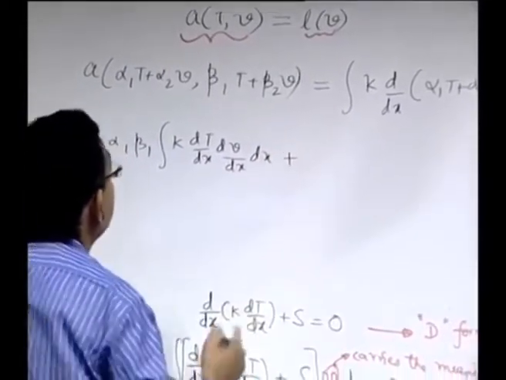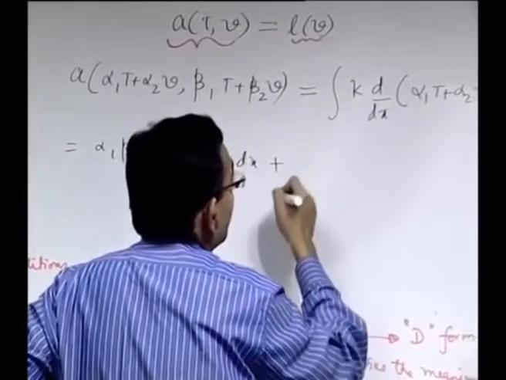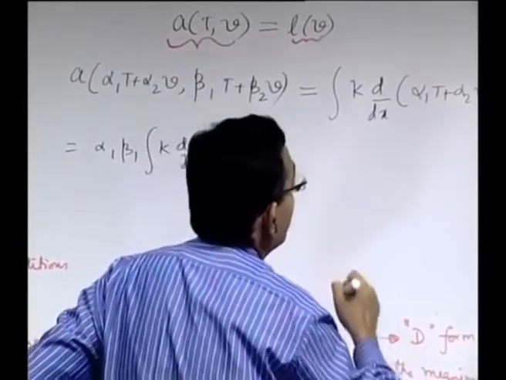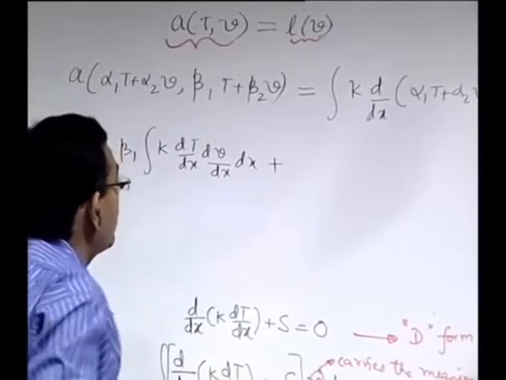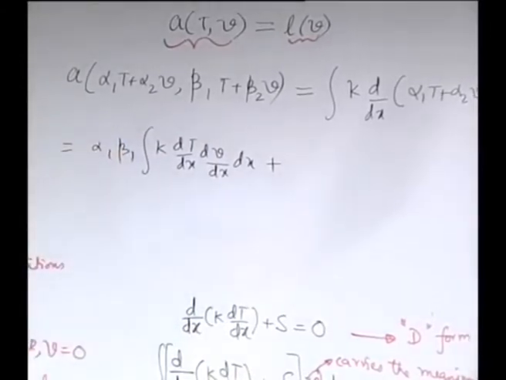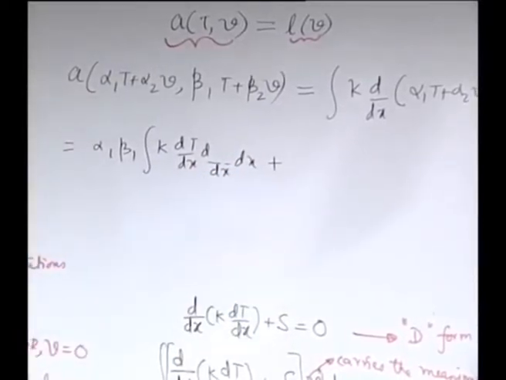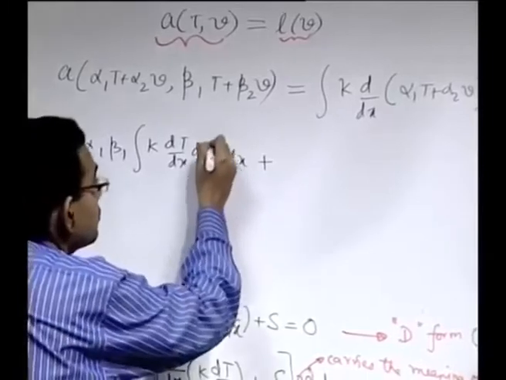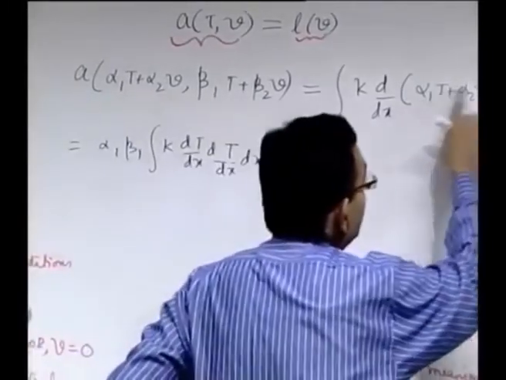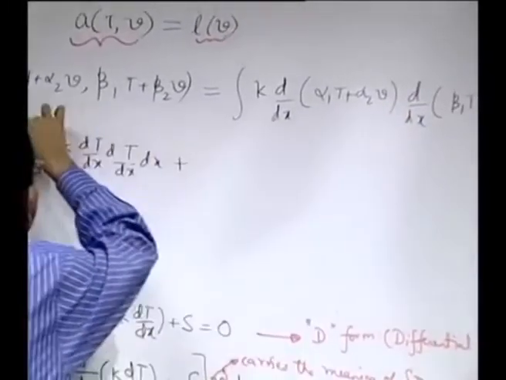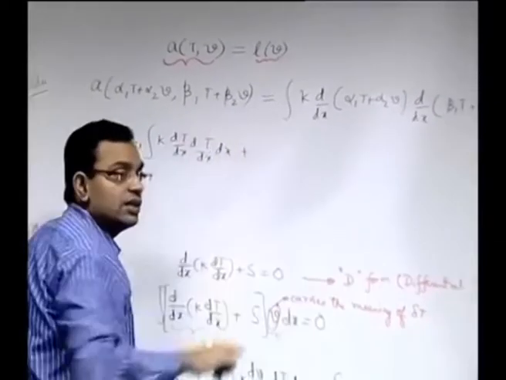plus dT/dx dT/dx, so this term with this term. Remember alpha 1, alpha 2, beta 1, beta 2, all these are constants.